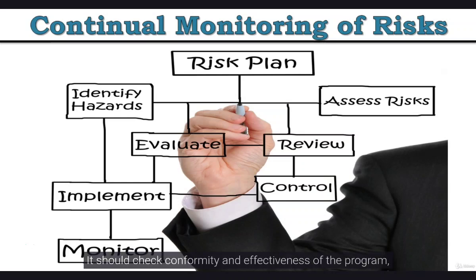It should check conformity and effectiveness of the program, establish, implement, and maintain procedures for monitoring and taking corrective action as necessary. This includes reviewing other organizational changes that may affect supply chain risk management.